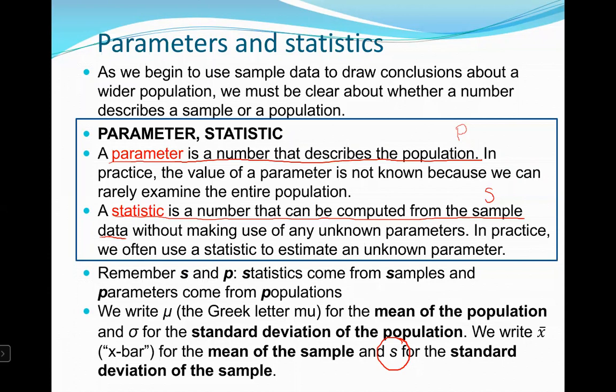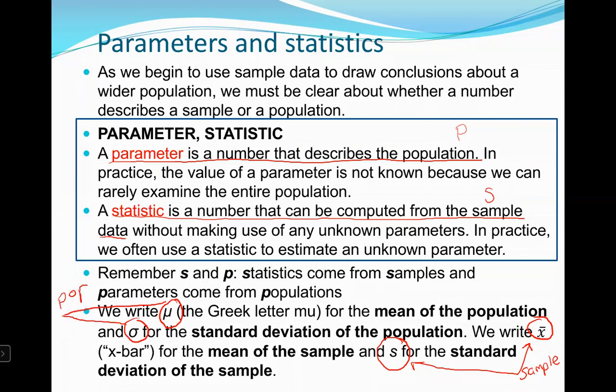The X is not a Greek letter. Those regular letters, they come from sample data. The Greek letters, the fancier letters, the mu and the sigma, they come from the population.